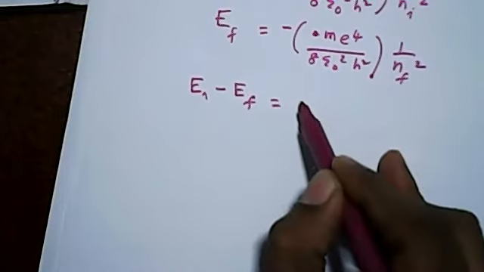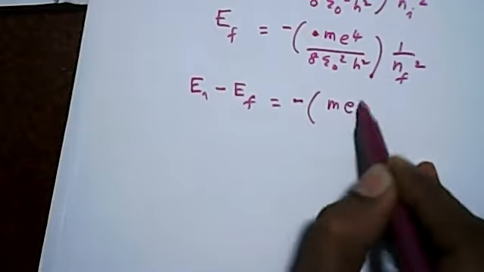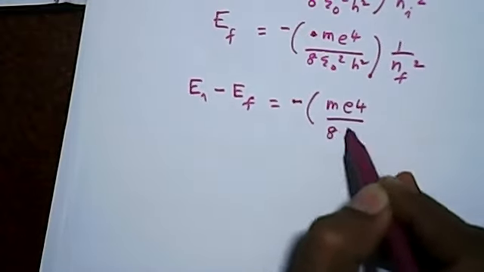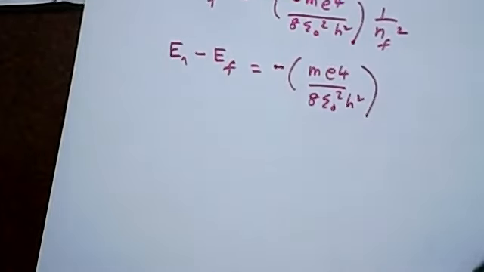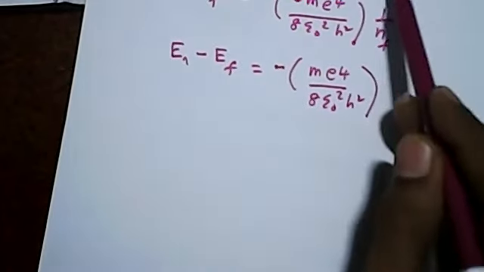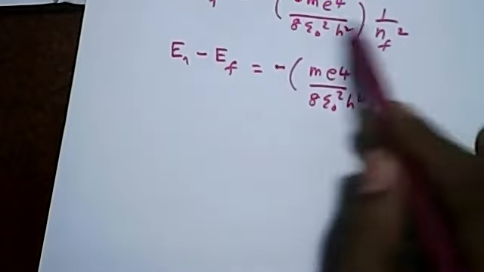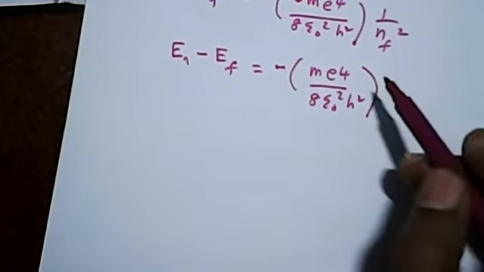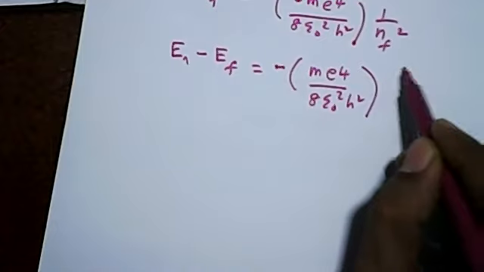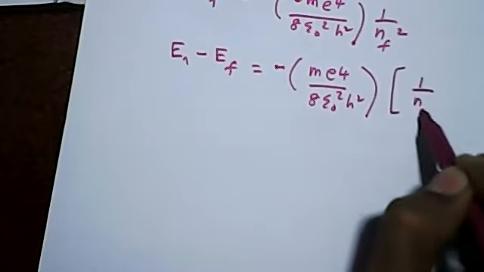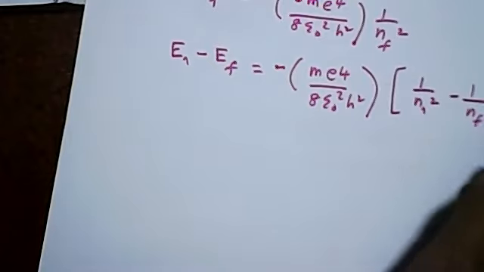So it will be minus m e to the power of 4 by 8 epsilon 0 square h square, which is common. Then minus of this one minus of this one, so this becomes plus. If you take the minus outside, you can write 1 by n_i square minus 1 by n_f square.